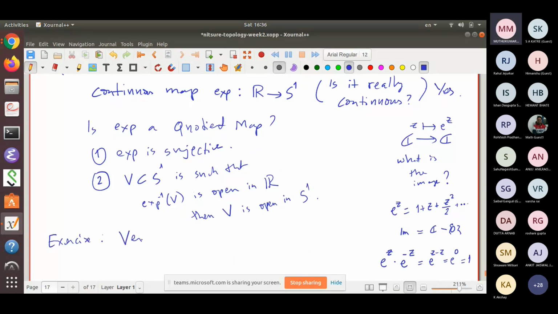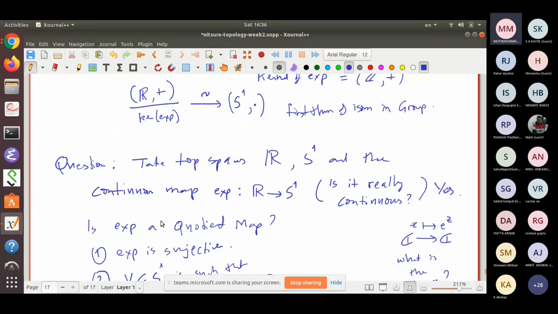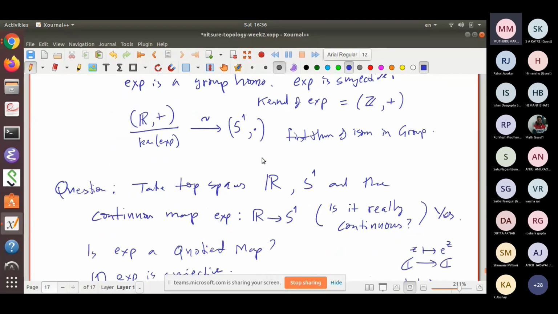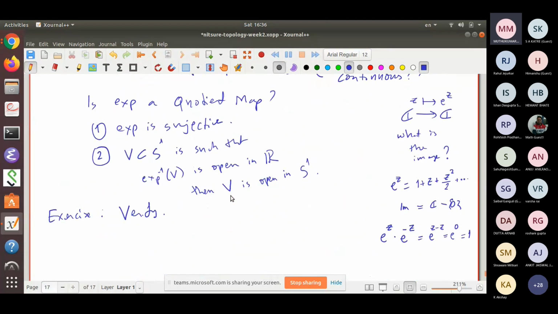So I'm asking you to do a very simple exercise in calculus because the map is defined in terms of cos theta and sin theta. So I'm asking you to check some properties of the functions sin and cos. And that shows that the exponential map from R to S1 is a quotient map in topology.